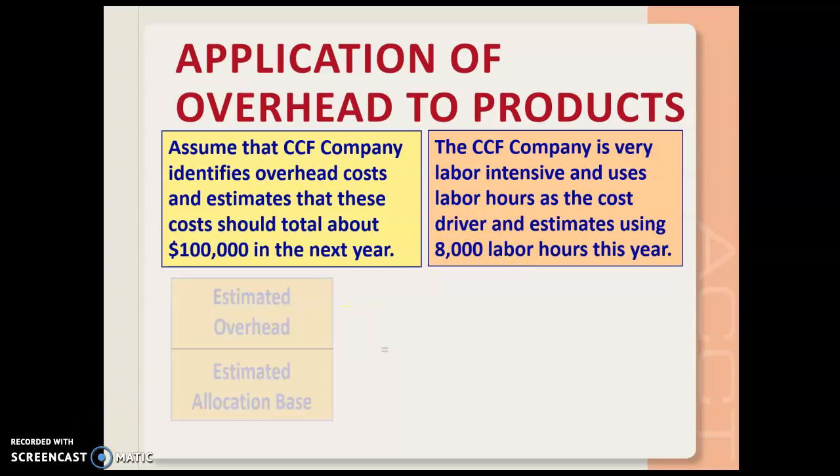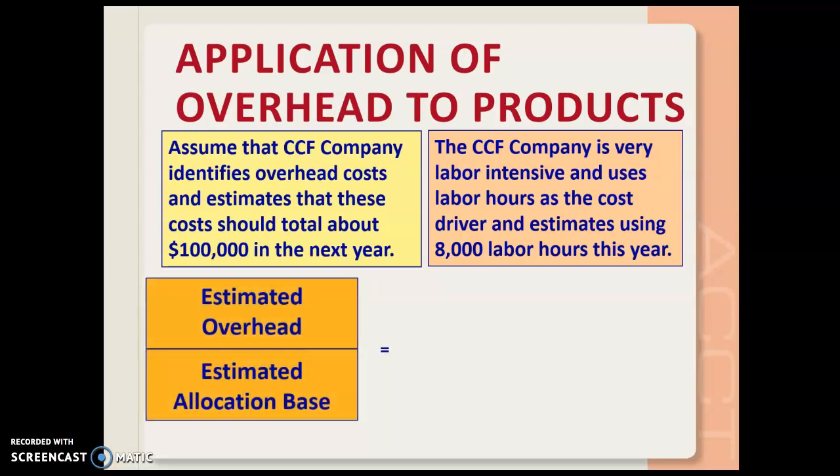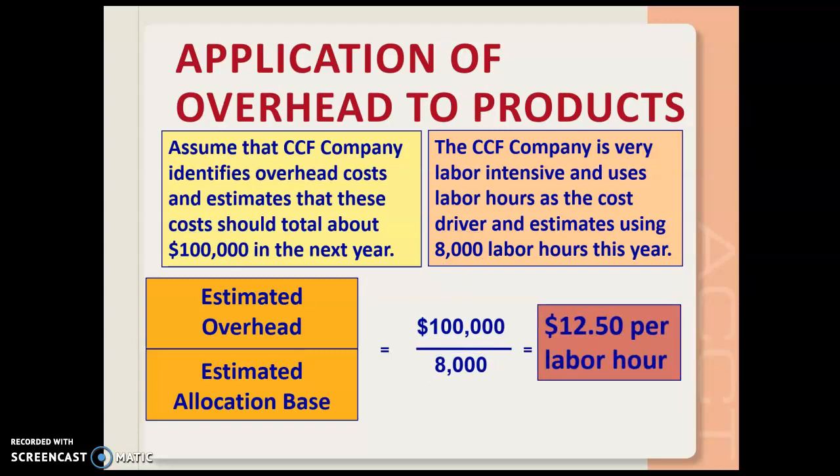So we take the estimated total overhead costs, which is $100,000, divided by the estimated allocation base or cost driver, which is the 8,000 direct labor hours. And that gives us $12.50 per labor hour.